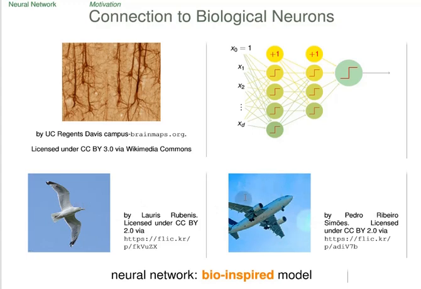However, the airplane doesn't flap its wings. Likewise, neural network researchers aim to leverage the principles of neuroscience in neural network design. However, it is usually hard to justify any neural network architecture.